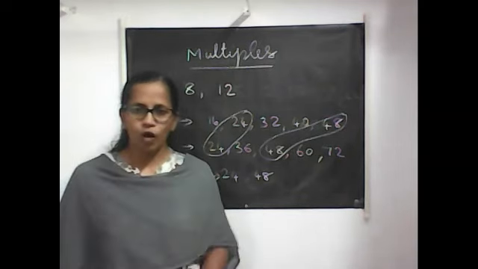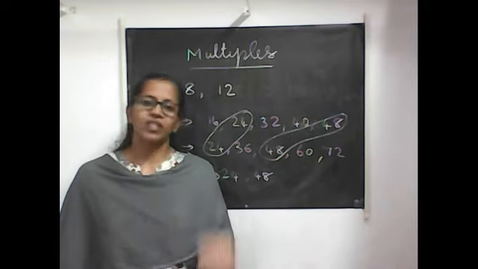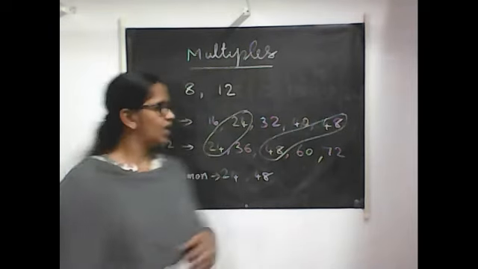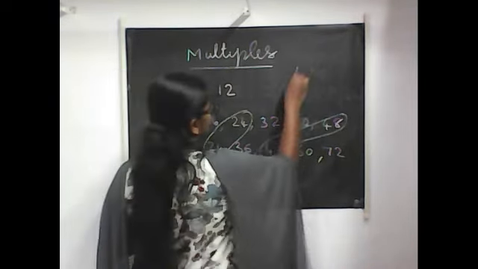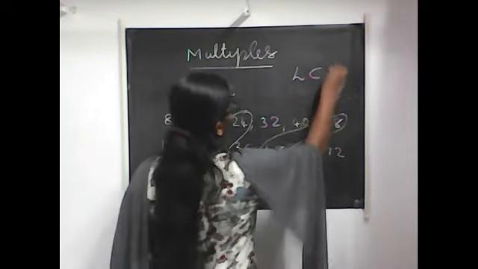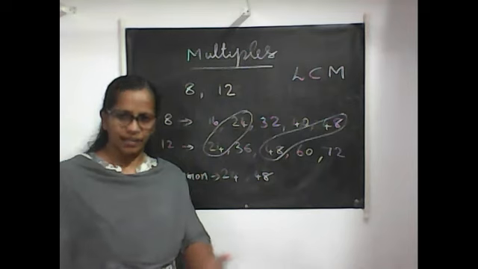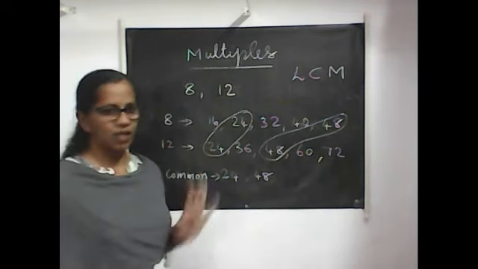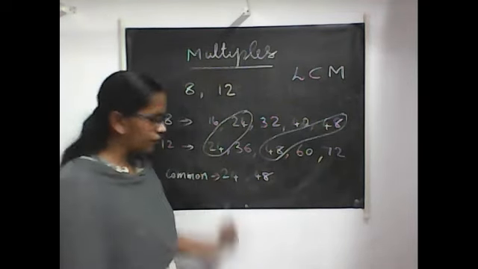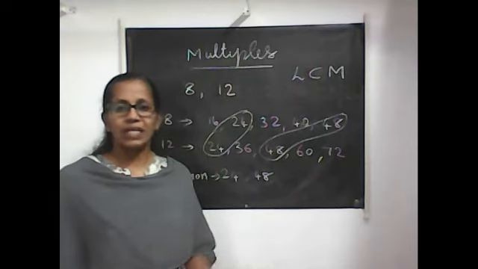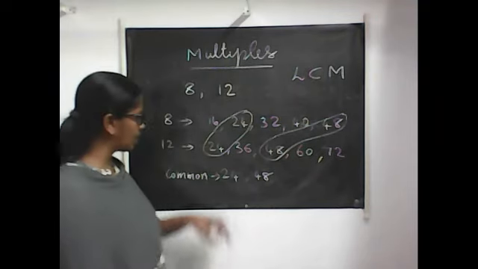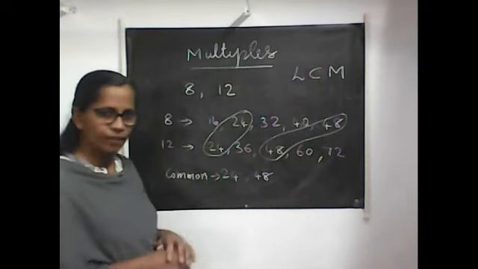If we get the common ones, they ask you which is the least common multiple, that is LCM. This also we are going to study in the coming section, so just understand that one. After finding the common multiples, we can write the least common multiple. Least common means which is the smallest one.